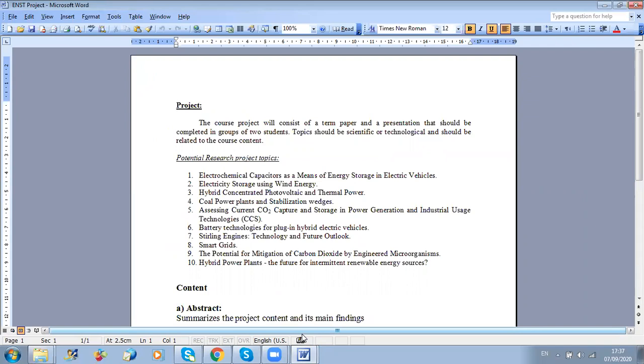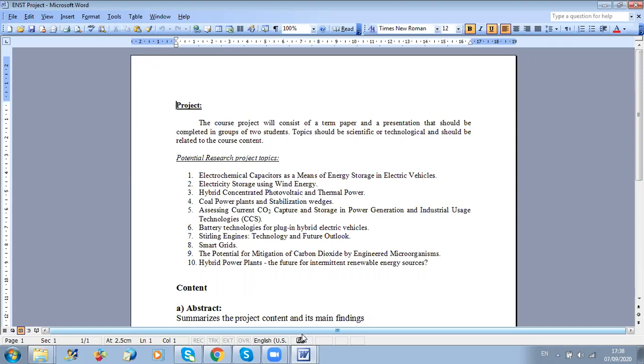And this is a list of possible topics, but you are not restricted to these topics. If you have an interest in any other topic in the energy field, you can tell me, and I will tell you if it's acceptable and convenient for the course. One of the possible topics, for example, is electrochemical capacitors as a means of energy storage in electric vehicles. You can consider electricity storage using wind energy or hybrid concentrated photovoltaic and thermal power.